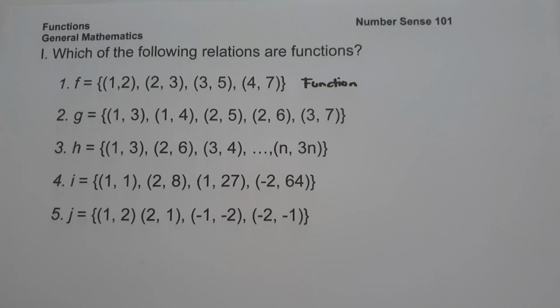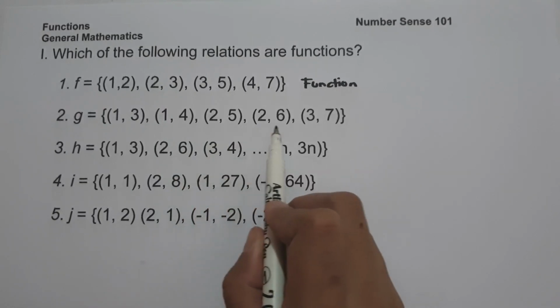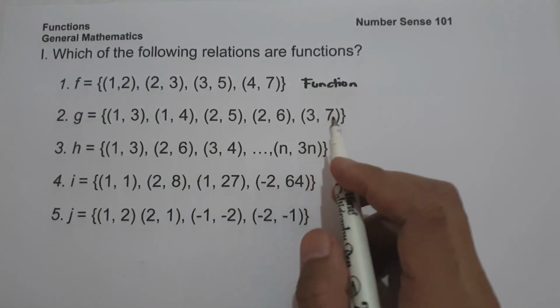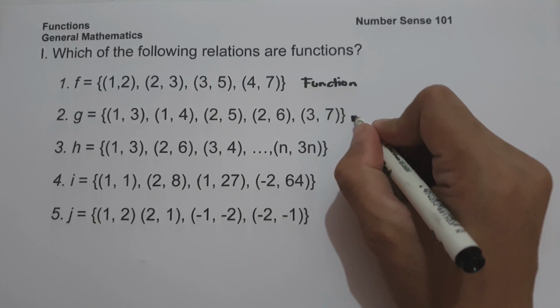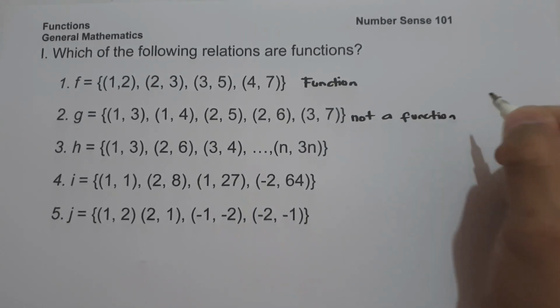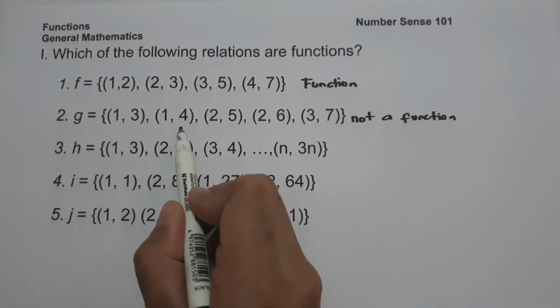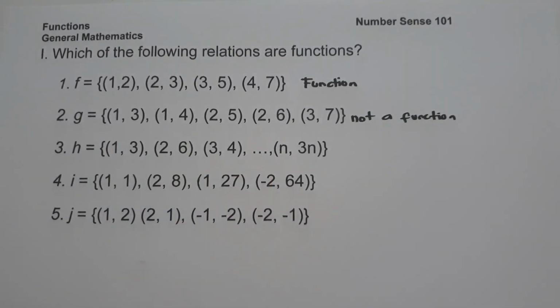On number 2, relation G consists of (1, 3), (1, 4), (2, 5), (2, 6), and (3, 7). So relation G is not a function because the ordered pairs (1, 3) and (1, 4) have the same x value but different y values. That's why it is not a function.